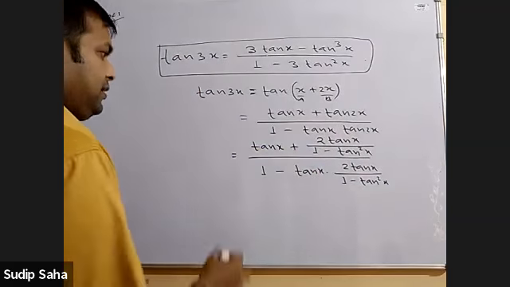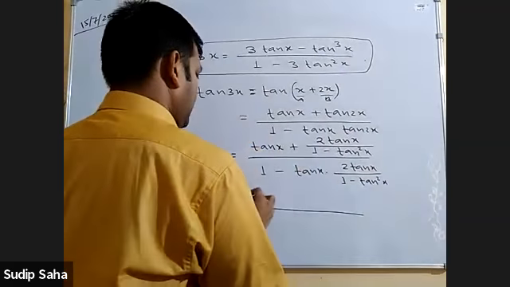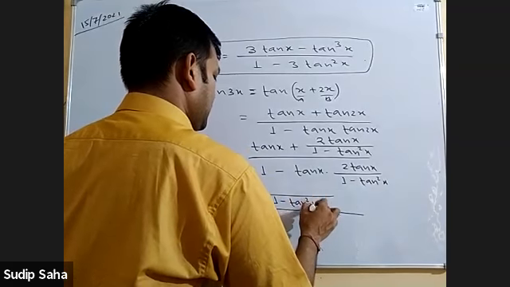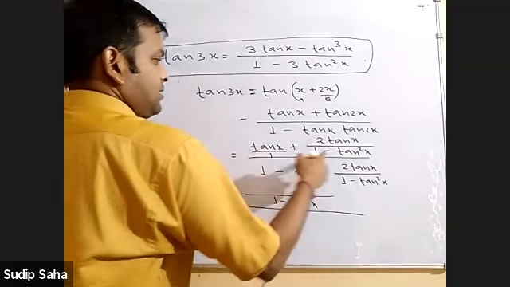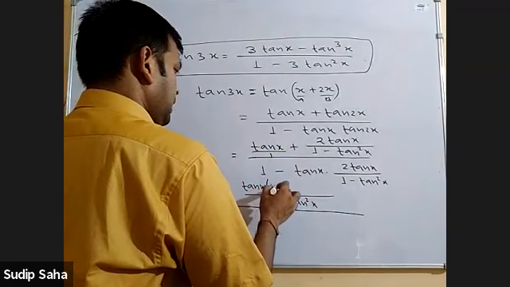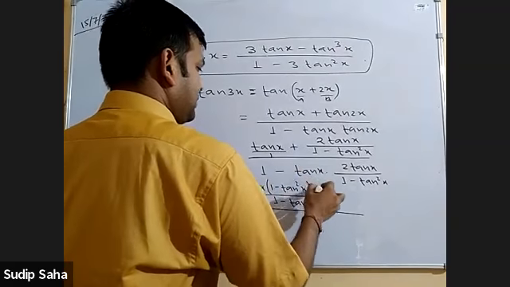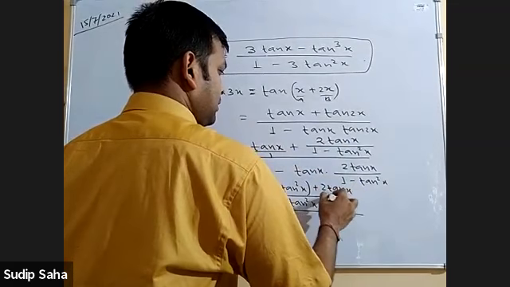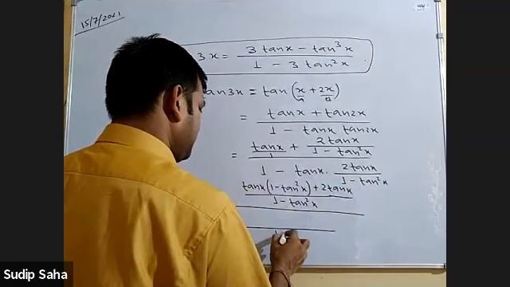So we'll take the LCM in numerator and denominator. 1 minus tan square x is the LCM. Fully algebra now. This is nothing, it means 1. So tan x into this whole thing, 1 minus tan square x, then plus 2 tan x, divided by 1 minus tan square x LCM.